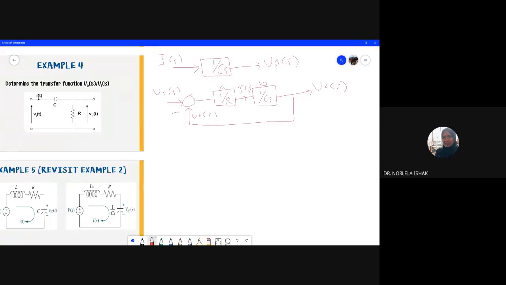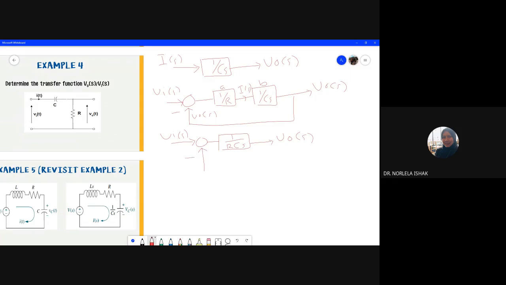Okay, we have cascade. So we cascade A and B, right? So we can get 1 over RCS. And then V naught. This is VI.